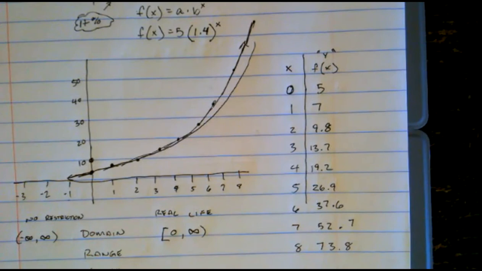And so you really need to consider, what are they talking about? What's the domain here? Is it just a basic exponential? Did they just give me the function and no real life scenario to go with it? In which case, we'd be talking about all real numbers, okay, with no restriction. If it's a real life example, now we have kind of this restricted domain because I can't go backwards in time.